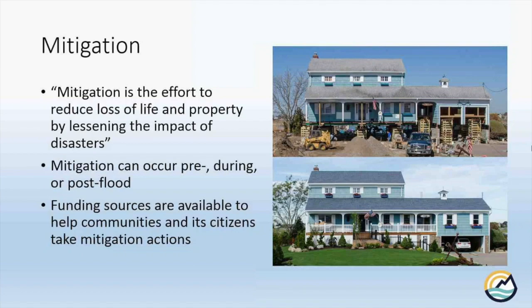So for every $1 you put into mitigation, you're actually seeing a $7 return on that investment, which is really great. It's really easy to sell people on it: in the future when the flood happens, you won't have to pay, and you're going to be saving money because you're not having to close roads or buy out people or provide shelter or services and things like that. So it's a huge benefit.